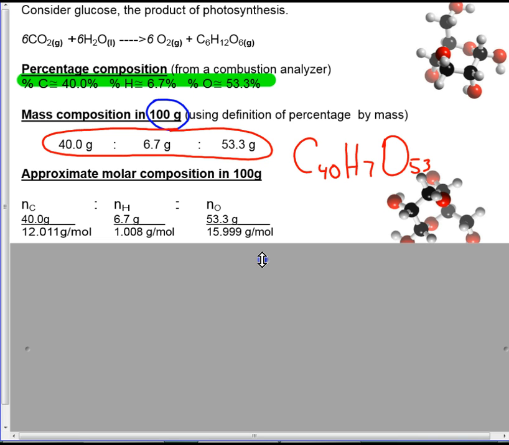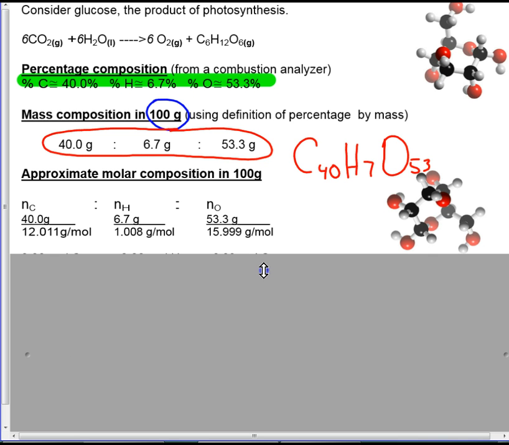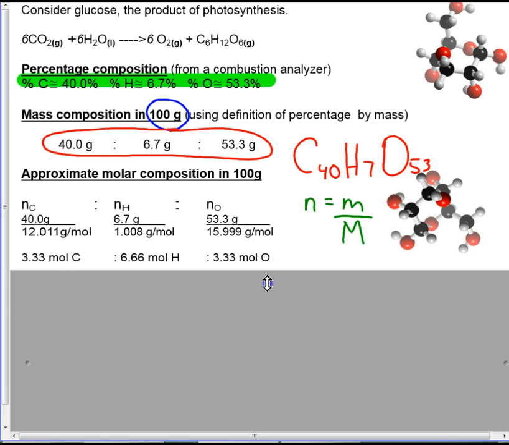So to go to moles, we just need to know the molar mass of those elements. We divide mass by molar mass, so we're using our formula number of moles equals little m divided by big M molar mass. So for each element, we calculate the number of moles from that 100-gram sample, and we get now 3.33 moles of carbon, same number of moles of oxygen, and double that of hydrogen.